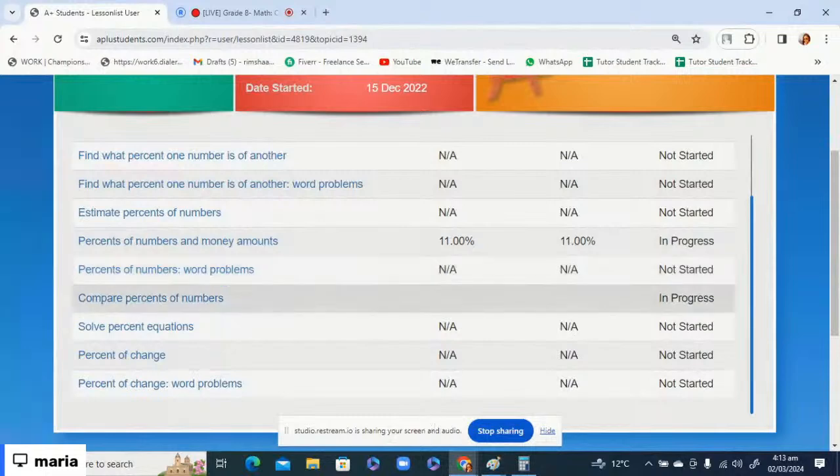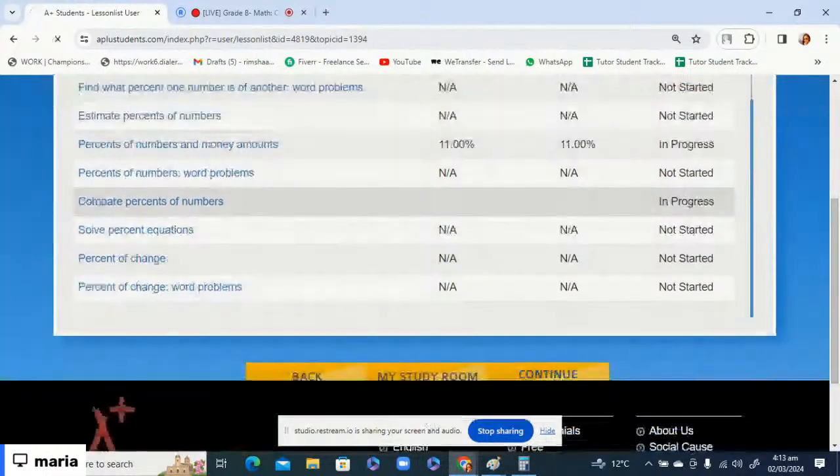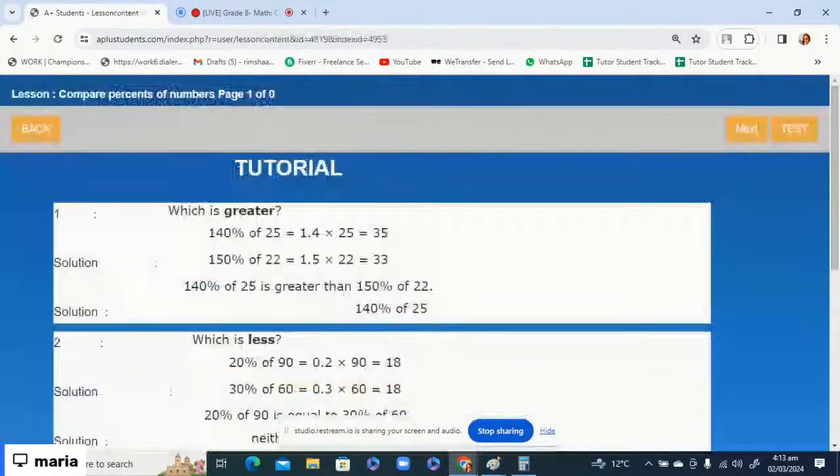Okay, so here are the two questions we are going to do and then check which one is greater, which one is less, are they both equal or not, like that. So the two numbers we're going to take here, 140% of 25.